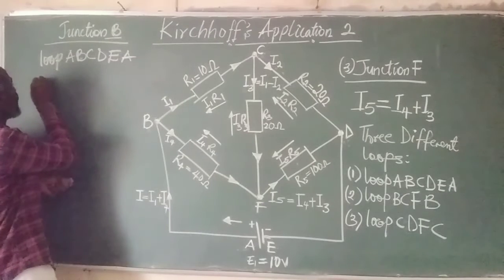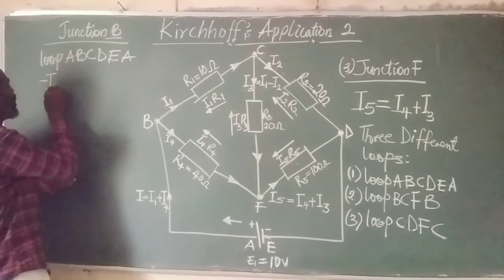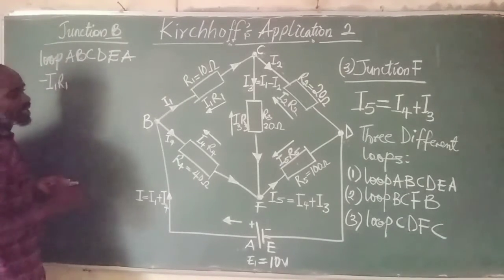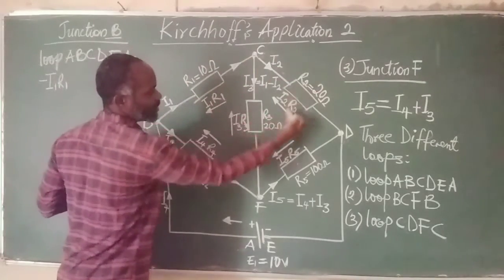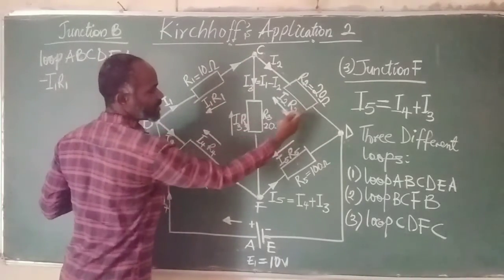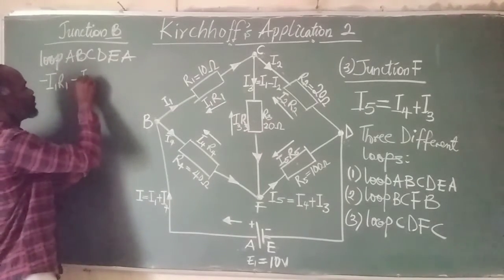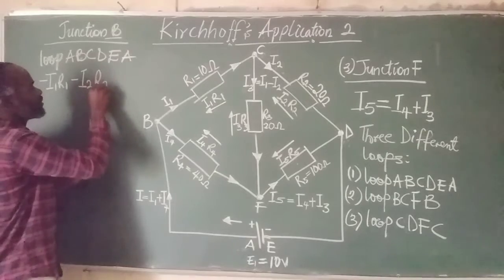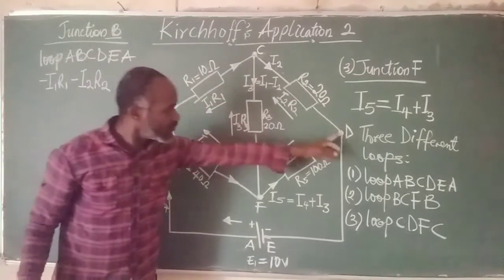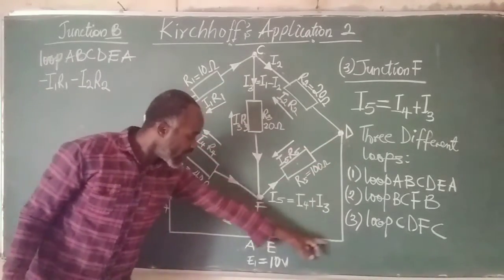We have minus I1, R1. We move again. This is also opposing our direction, so it's going to assume minus I2, R2. Then we take it down. This is D. Down again to this point.